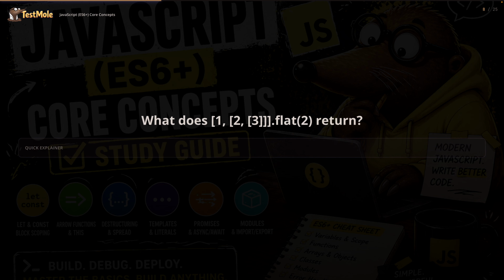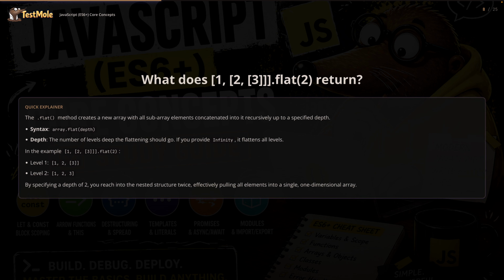What does [1,[2,3]].flat(2) return? The .flat method creates a new array with all subarray elements concatenated into it recursively up to a specified depth. Syntax: array.flat(depth). Depth: the number of levels deep the flattening should go. If you provide Infinity, it flattens all levels.